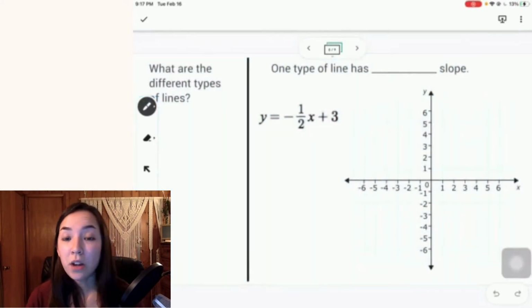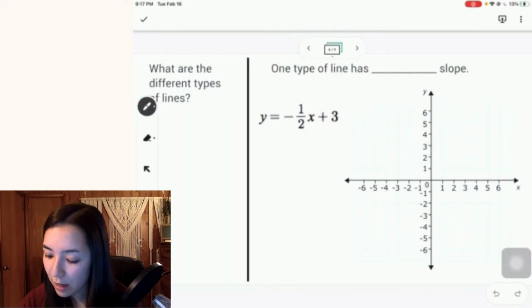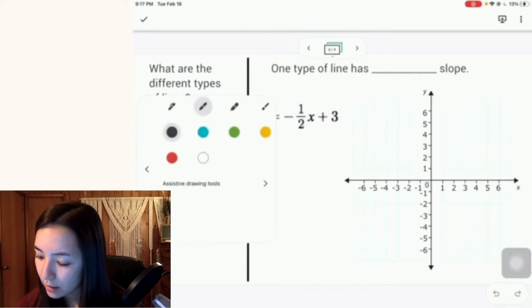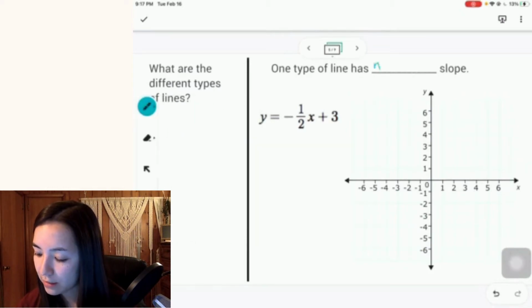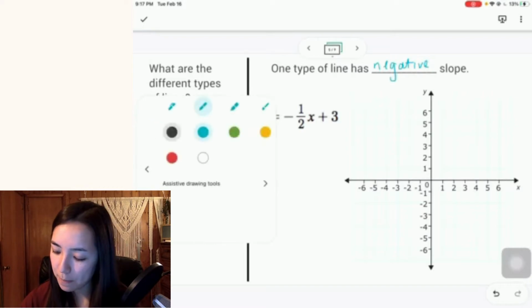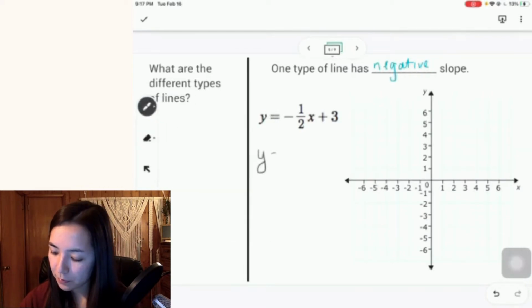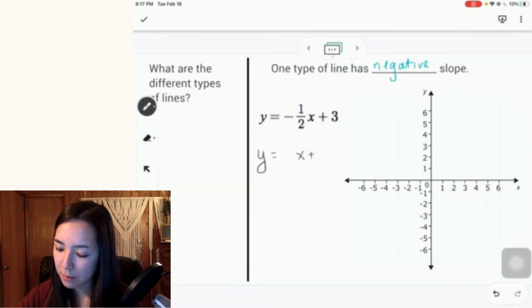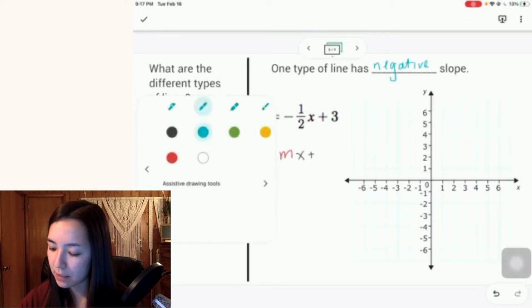Okay, we can also draw a graph with negative slope from an equation that has a negative slope. Remember, our equation is y equals mx plus b.